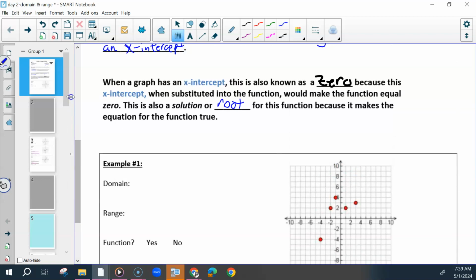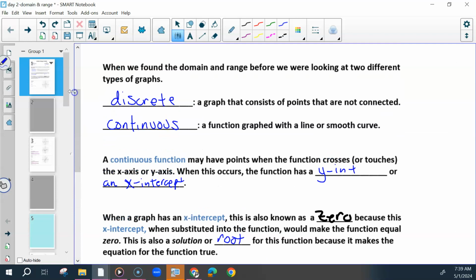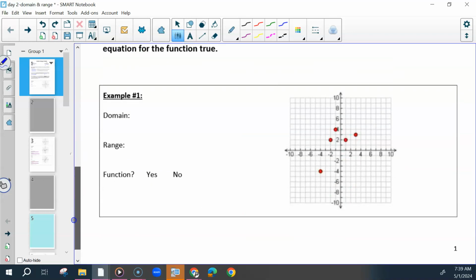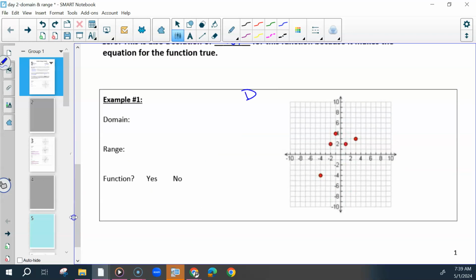Is it a graph that consists of random points that aren't connected, or is it a continuous graph? It's discrete. So because it's a discrete function, we're going to list out our domain and range in a set, using curly brackets, least to greatest.